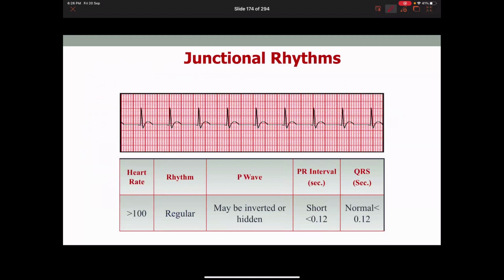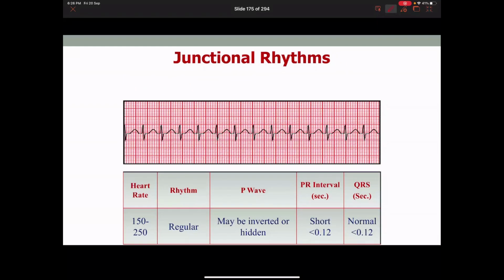What about this one? Junctional tachy. Exactly, because there's no P wave and it's more than 100 beats per minute. What about this one? Supraventricular.